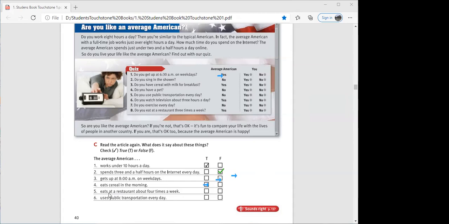Escuchen primero. It's at a restaurant. Juntan it's at, terminan it's at a restaurant. So juntan la S con la A, la T con la A. It's at a restaurant about 4 times a week. En su tiempo libre tienen que practicarlo. You have to practice. Cuando terminemos el curso, el primer nivel, lo tienen que hablar muy bien, ¿ok?